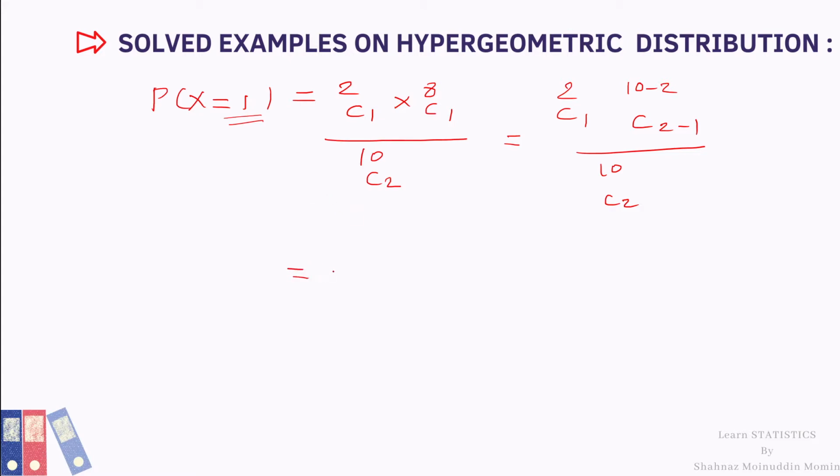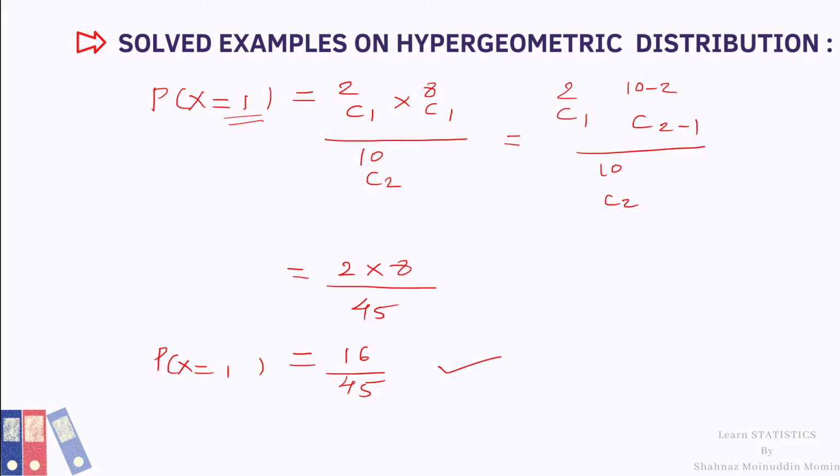After simplification we get 2 into 8 divided by 10C2, which is 45. So it is equal to 16 upon 45. This is the probability of getting one fuse blown out.